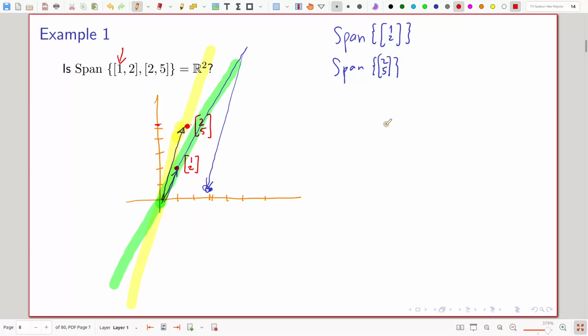If you have two vectors and they are not in parallel, they do not point to the same direction in two dimensions, the span will look like a plane, because the first vector gives you a line, the other vector can shift your line to wherever you like.